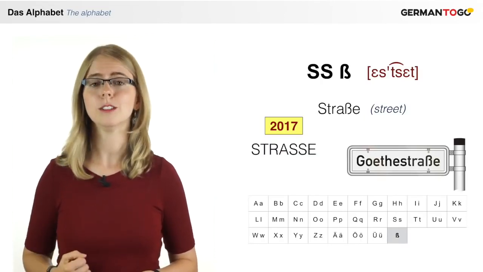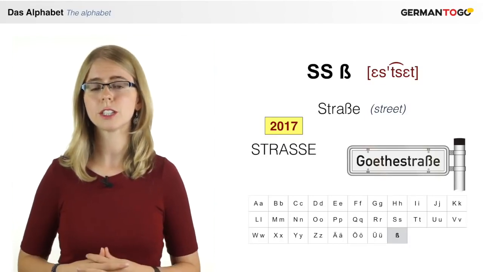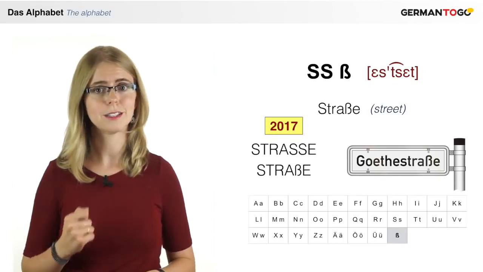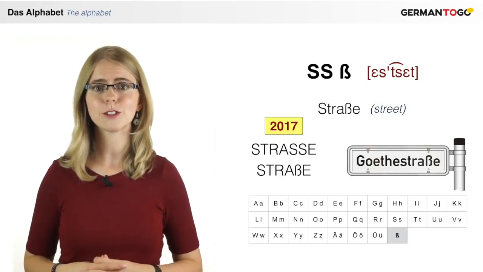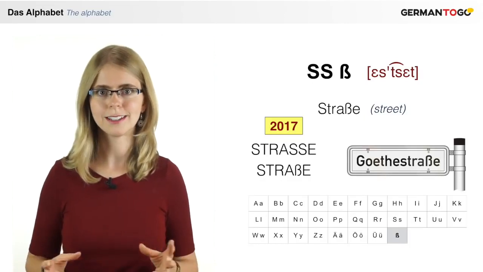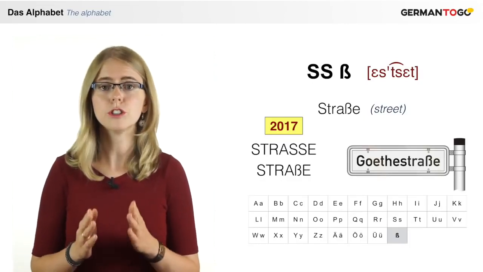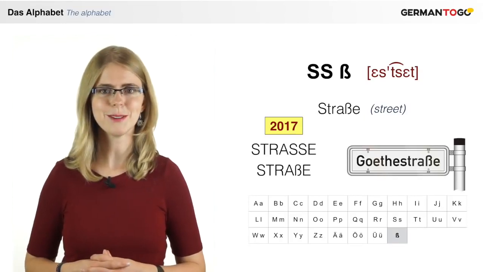So Straße was spelled like that, and since June 2017 you can also spell it like that if it's all in capitals. Okay? And if you don't have the SZ on your keyboard, you can always just write double S. That's fine. If you do have it, it's preferred, you should use it, but if you don't have it, just write double S. Yeah?